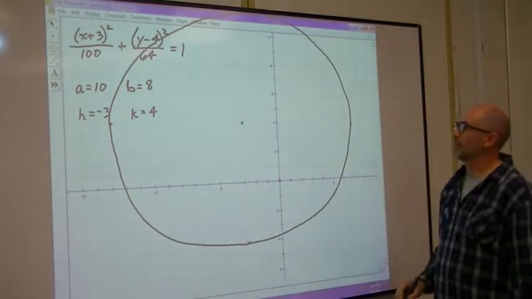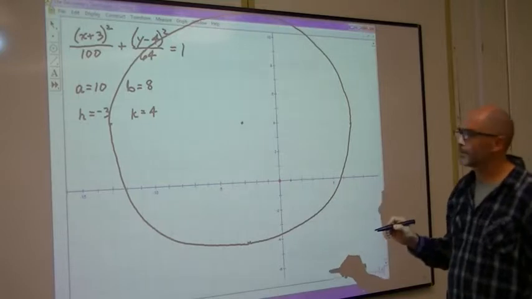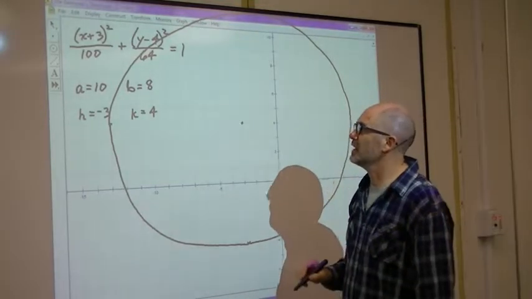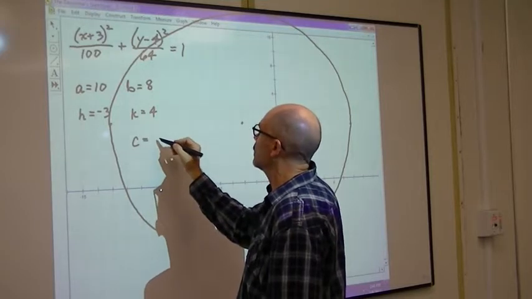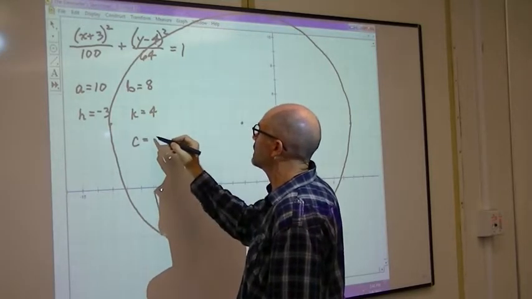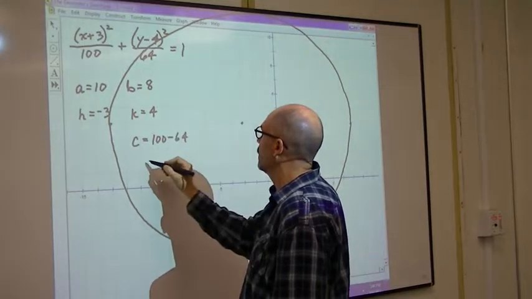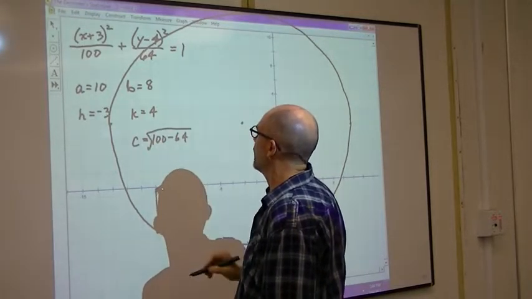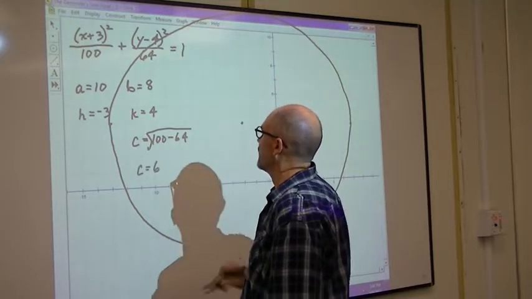Okay, there's our ellipse. And now, where are the foci? We have to know what c is. So c equals the square root of a squared minus b squared, which is the square root of 100 minus 64. So c equals the square root of 36, which is 6.